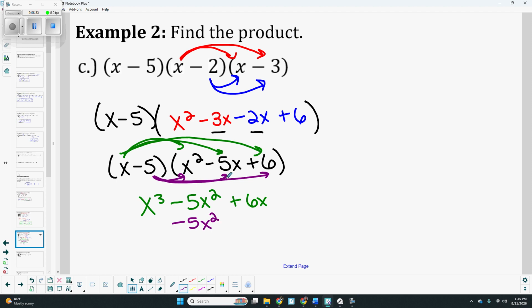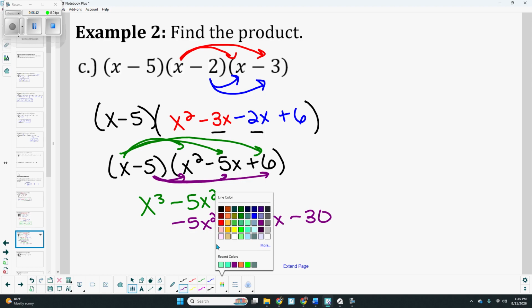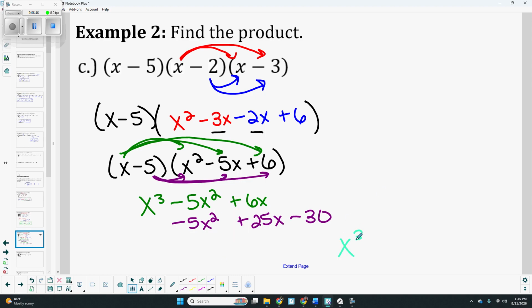Negative 5 times negative 5x is plus 25x. And negative 5 times positive 6 is negative 30. So combining all of this, we're going to get x cubed minus 10x squared plus 31x minus 30.